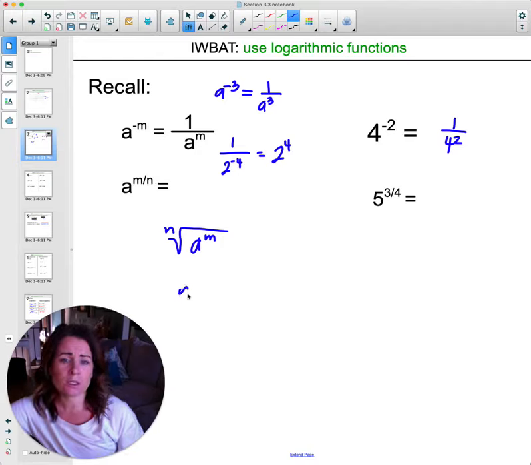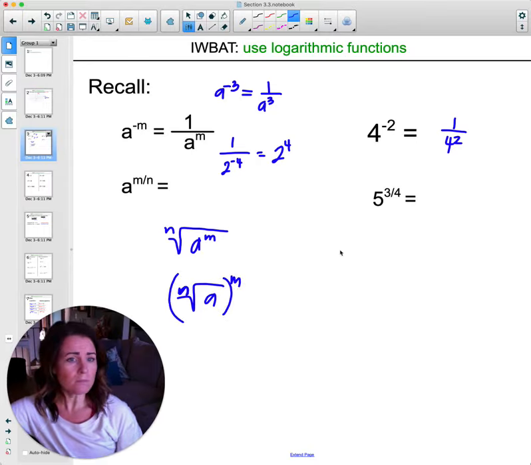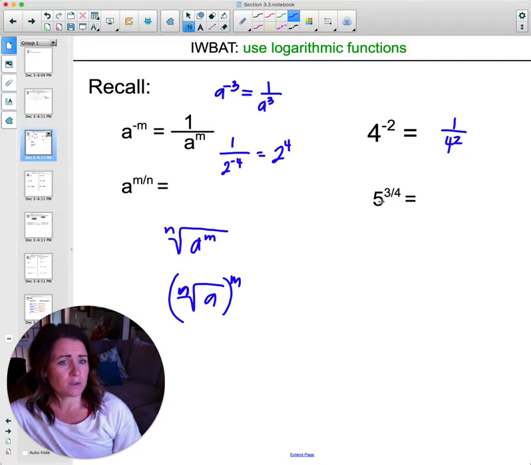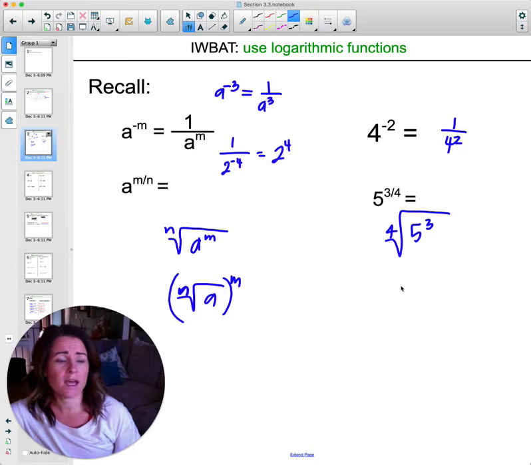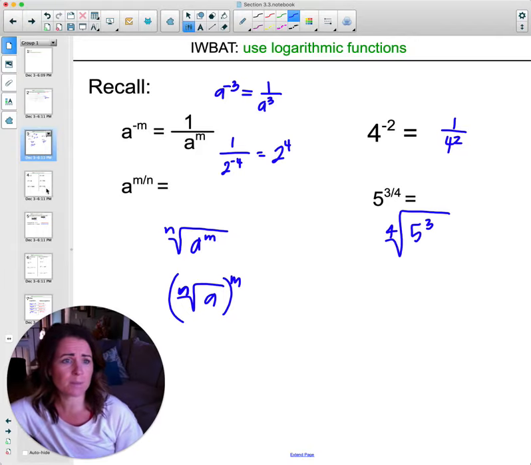And then you could also, if you wanted to, even get it written like this with the power out front. So with this one, 5 to the 3/4, so 5 to the third, and then you'd have the fourth root of that. So that bottom number comes out to the root, top number stays as the power.